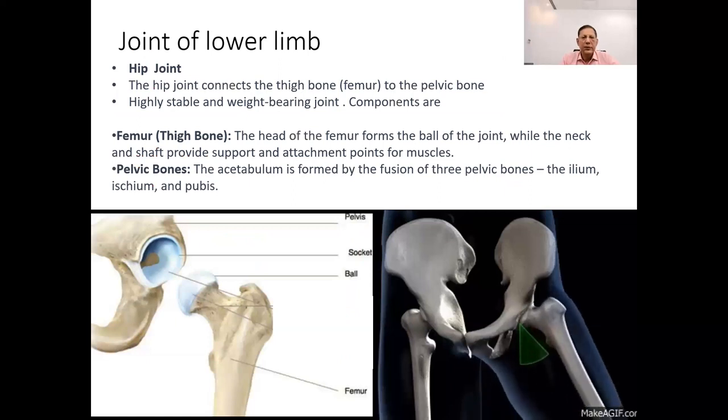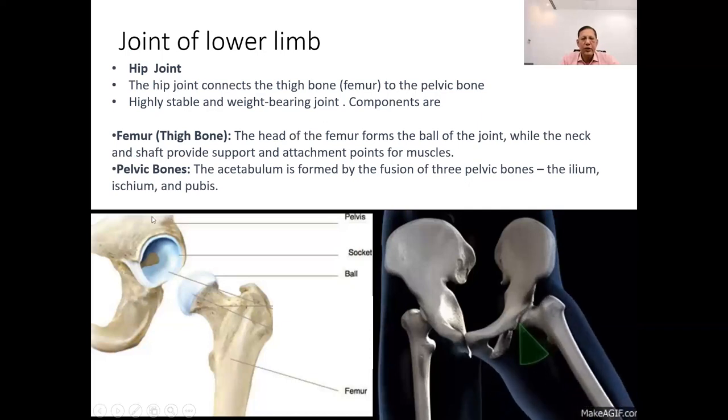So, first the hip joint. The hip joint connects the thigh bone to the pelvic bone. It is a ball and socket joint where the ball shaped head of the femur fits and rotates within this socket, which is called the acetabulum.